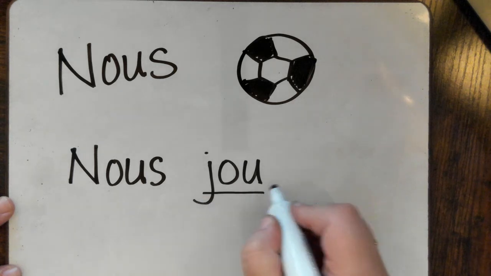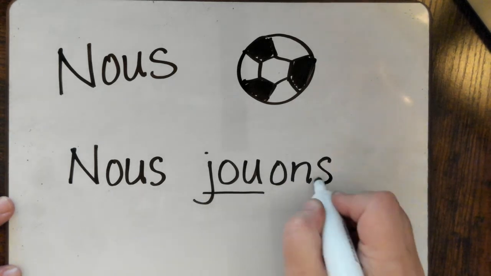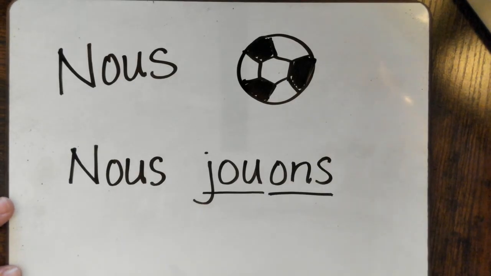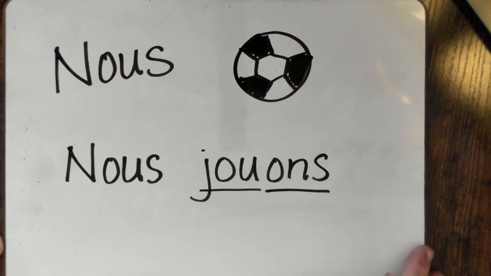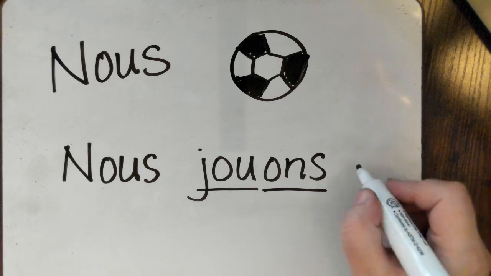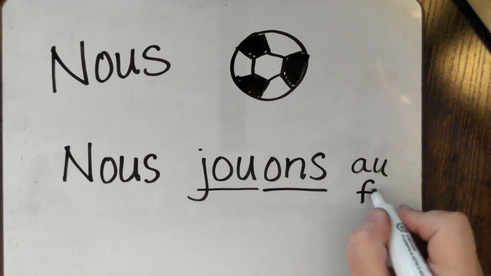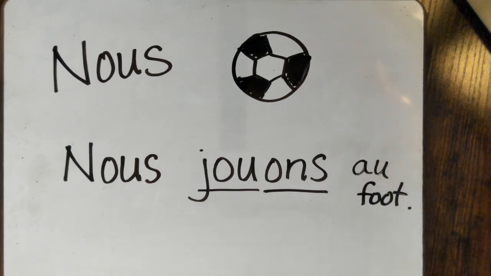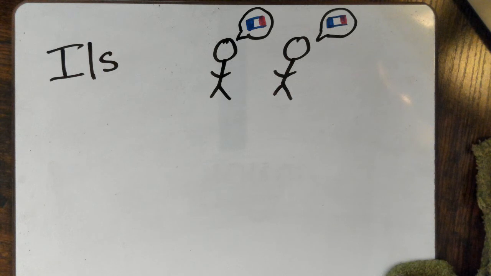Here's my stem. Here's my ending. So we play, nous jouons, and you might have added something like au foot. Nous jouons au foot. Next one.